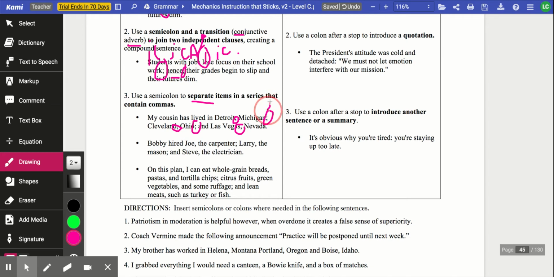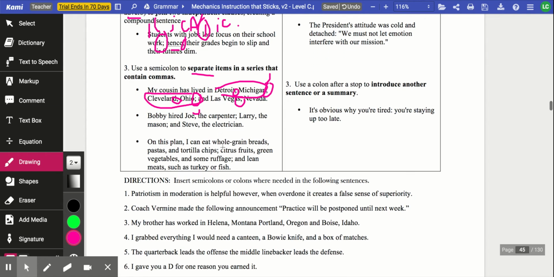But if we were to put commas after Michigan and after Ohio, that's confusing. So we replace that confusing comma with a semicolon, so that we know Detroit and Michigan, and Cleveland and Ohio belong together.